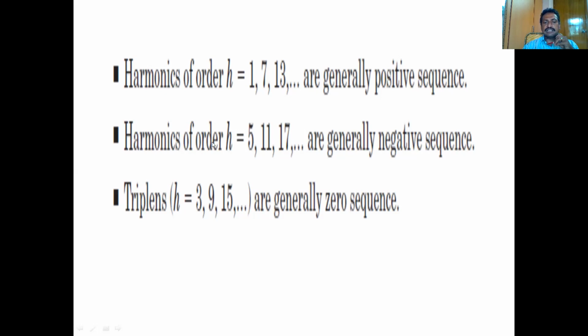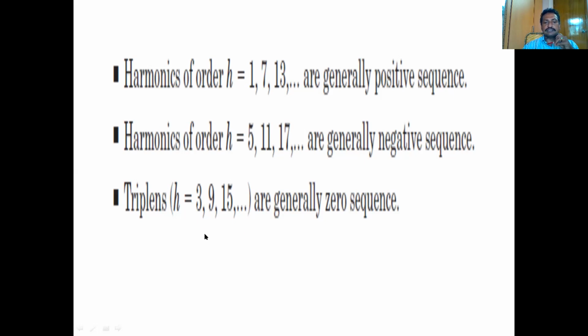Harmonic orders 5, 11, 17 are negative phase sequence. The odd harmonics are 1, 3, 5, 7, 9, 11, 13, 15, 17. Among these, 1, 7, 13 are positive sequence, 5, 11, 17 are negative sequence, and 3, 9, 15 are the third multiples.